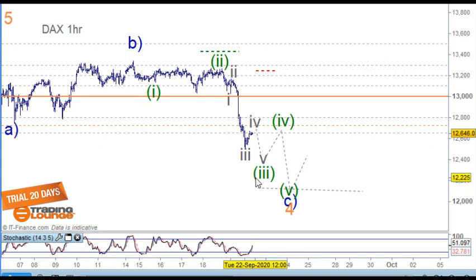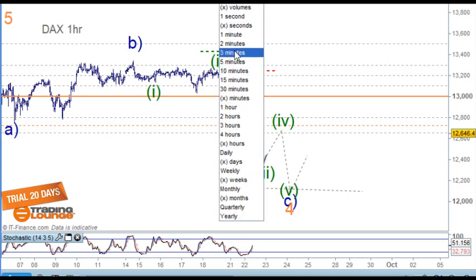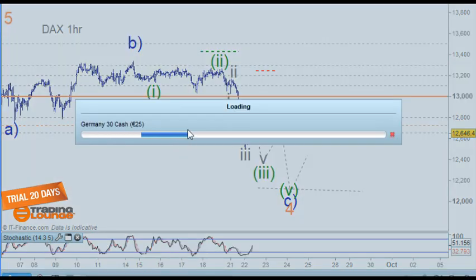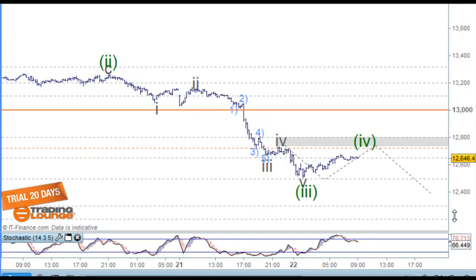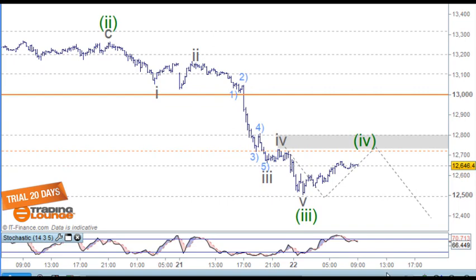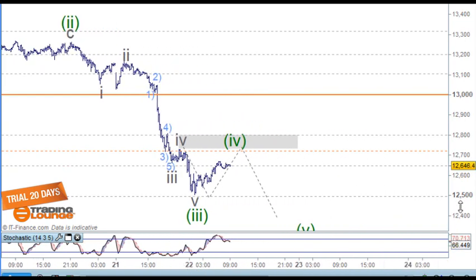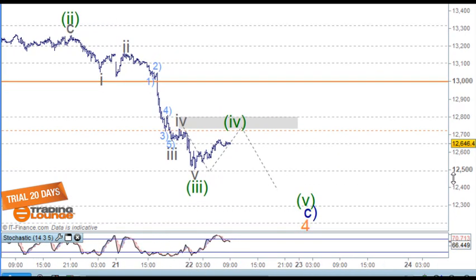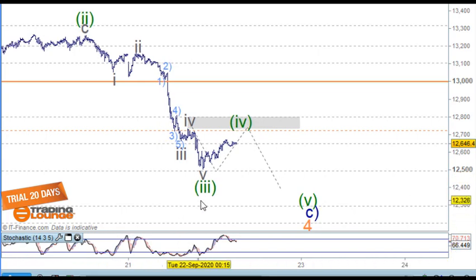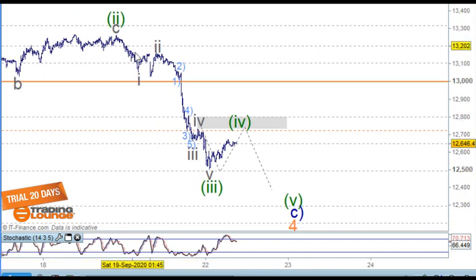The other point here too is that wave 3 can already be completed, so I'll take you in on the 15-minute chart here for this. So this is probably the likely count in this form. From the top here, we've got wave 2, then wave 1 here, and if we take this as wave C, this is the high on the cash market.